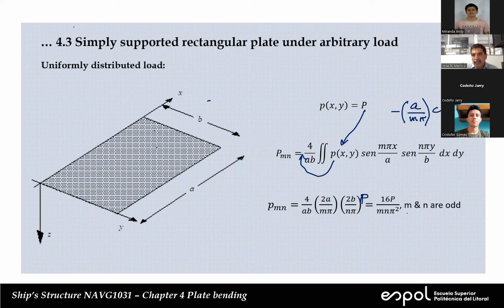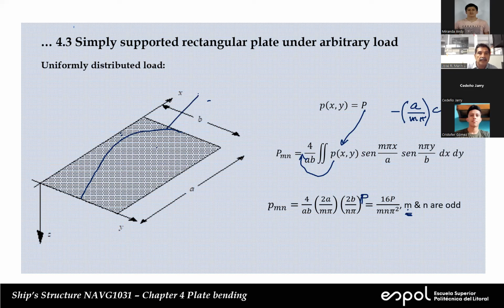We have that m and n need to be odd. The first one is m equal to 1. If we take m equal to 1, the variation in x is going to be sine of pi x over a. I'm going to put it upward because I don't want to get confused. So please be patient with me. We have something like this.